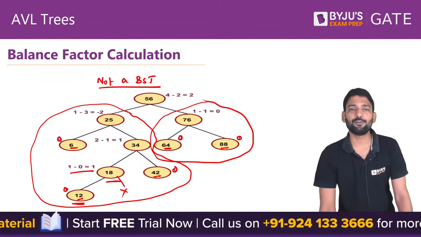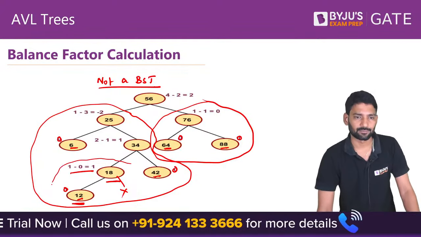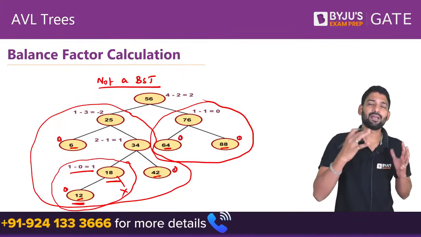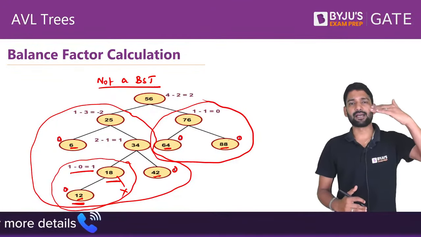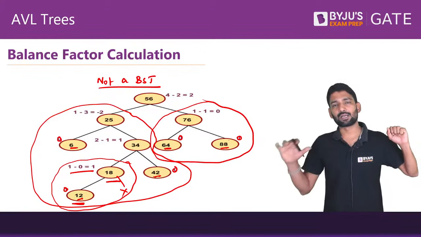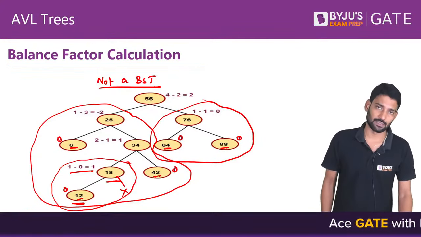Similarly, 34 balance factor you look at. Left subtree, this one. What is this subtree height? 12 is at height 1, 18 is at height 2. So 2 is the left subtree height, and to the right there is one element 42 that is at height 1. Right?